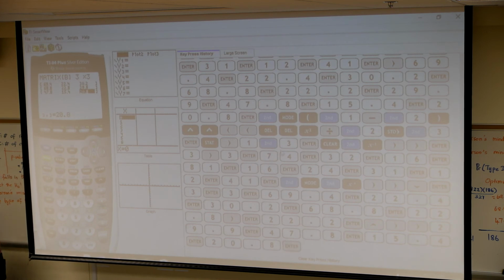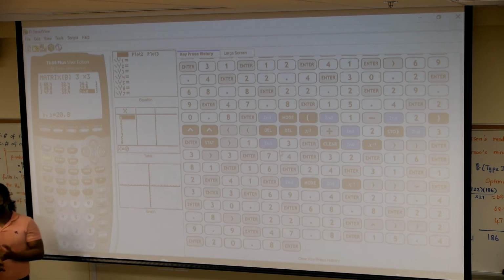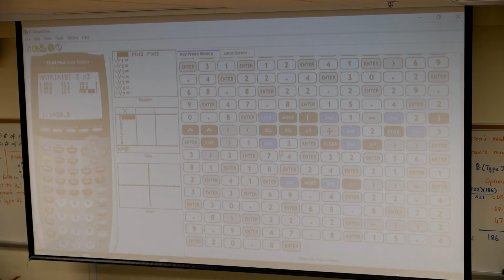Okay, so we took all the observed frequencies and put them in matrix A, we took all the expected frequencies and put them in matrix B. Press start.